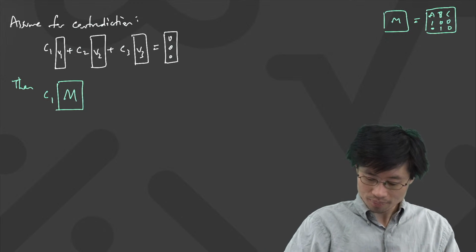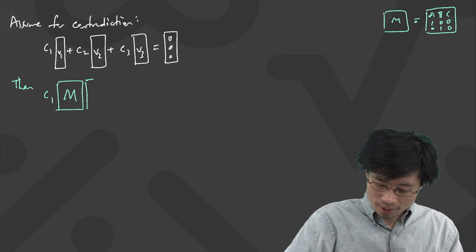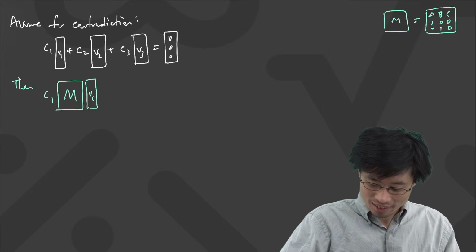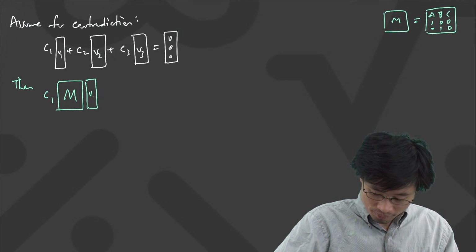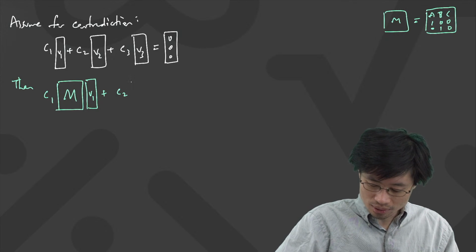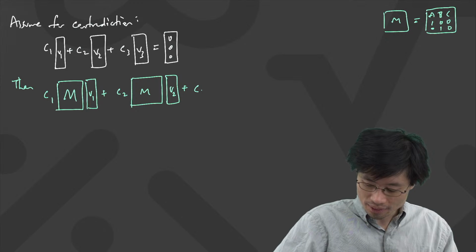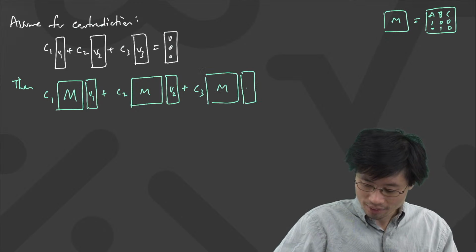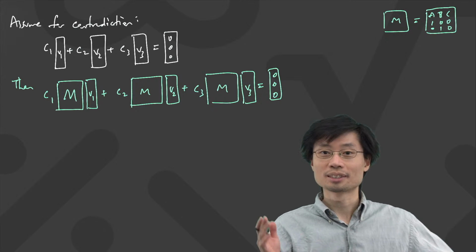That was M. So we get C1 M V1, since a constant always factors out to the left side, plus C2 M V2, plus C3 M V3, equals 0, 0, 0. Can anyone help to simplify this a little bit?